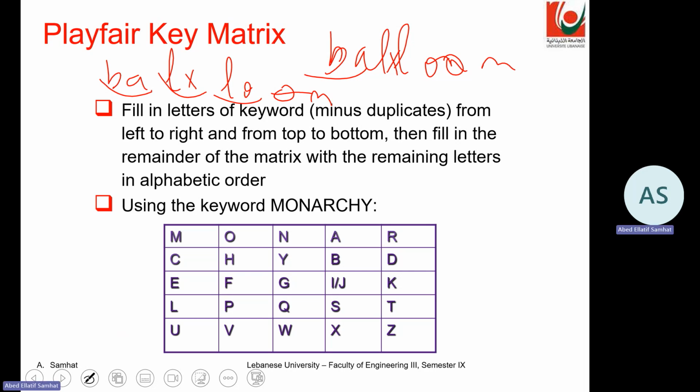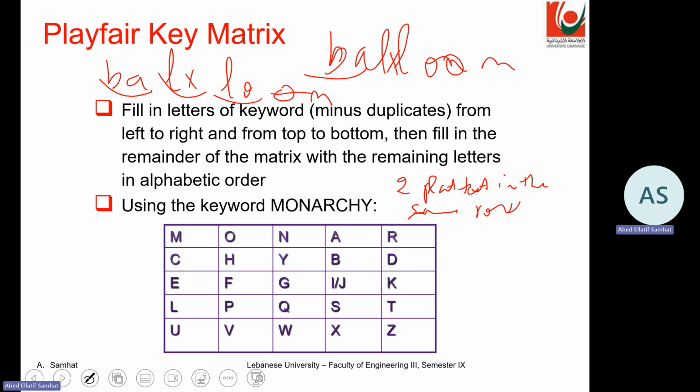So another special case, if we have, for example, two plain text letters in the same row, for example, MO or MN, how do we deal with it? In this case, we shift to the right, because we're in the same row.